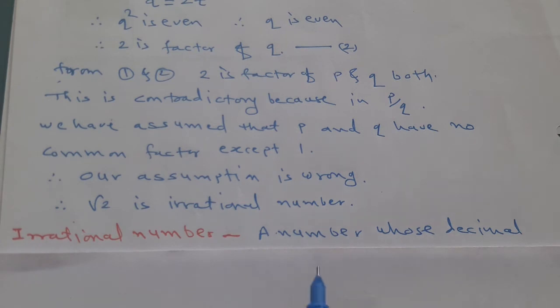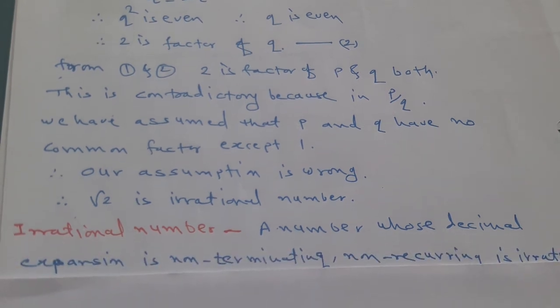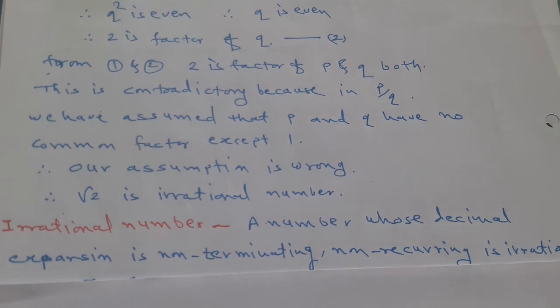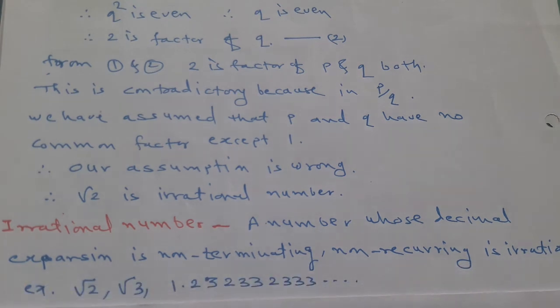Irrational numbers: a number whose decimal expansion is non-terminating and non-recurring is an irrational number.